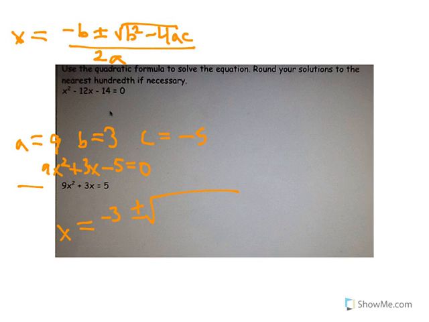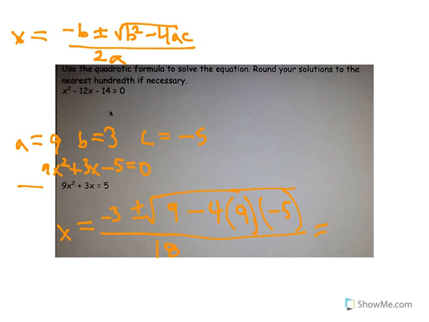So that's 3 squared, so that's going to be 9. And as you get more comfortable with this, you can start combining these steps. And that's going to be 9, and c is negative 5. That's all over 2a, so that's going to be all over 18.